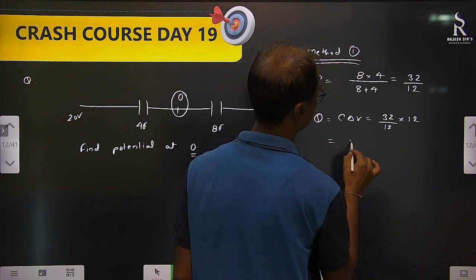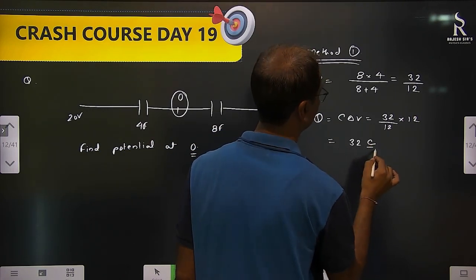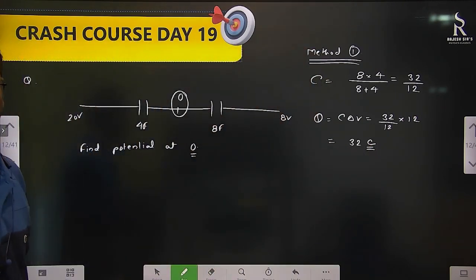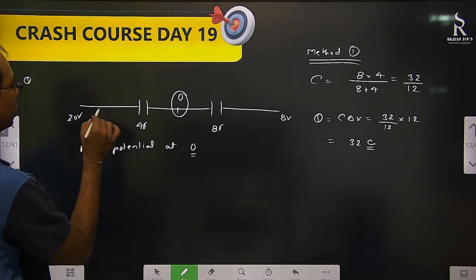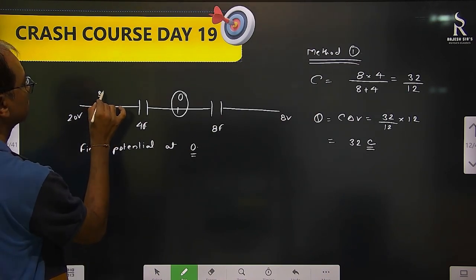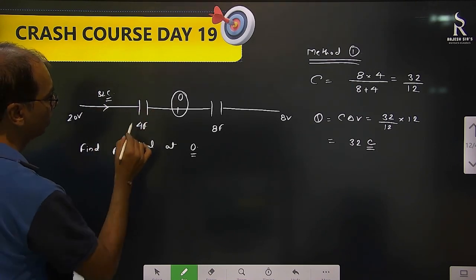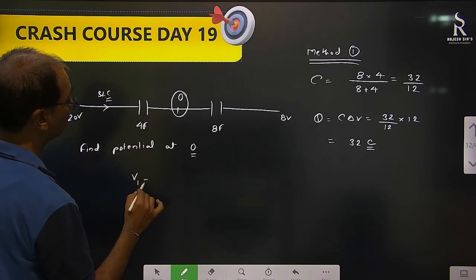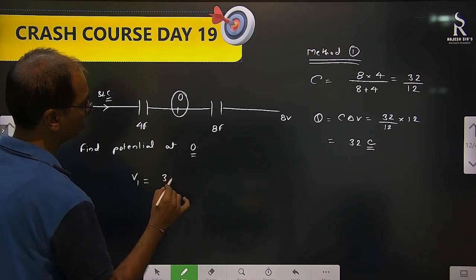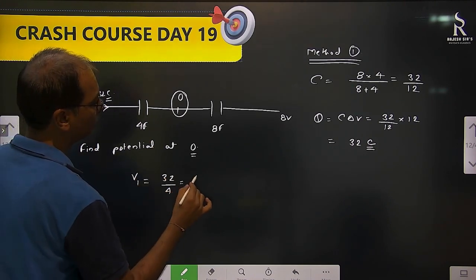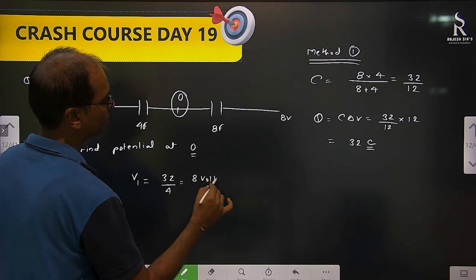The charge is 32 coulomb. Correct. So 32 coulomb is coming from here. How much is going to drop across this one? Potential V1 is 32 by 4. That is 8 volt will drop.